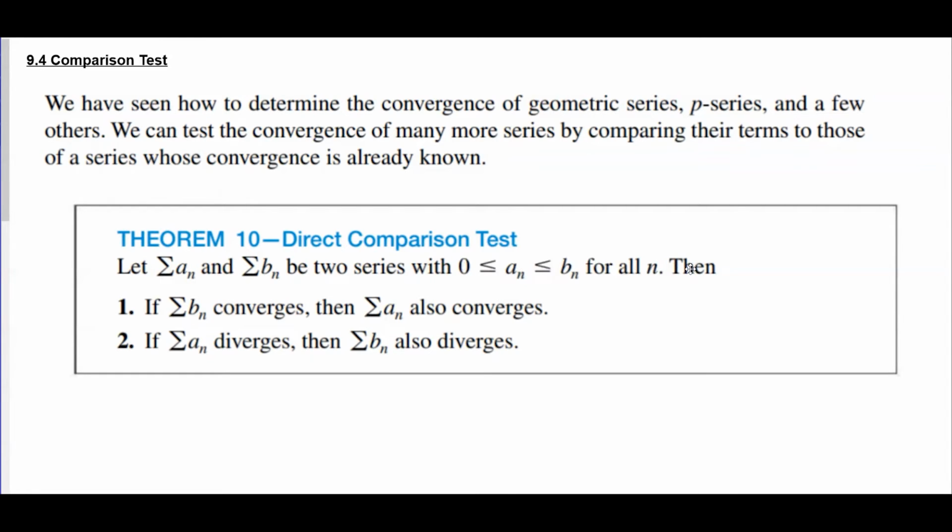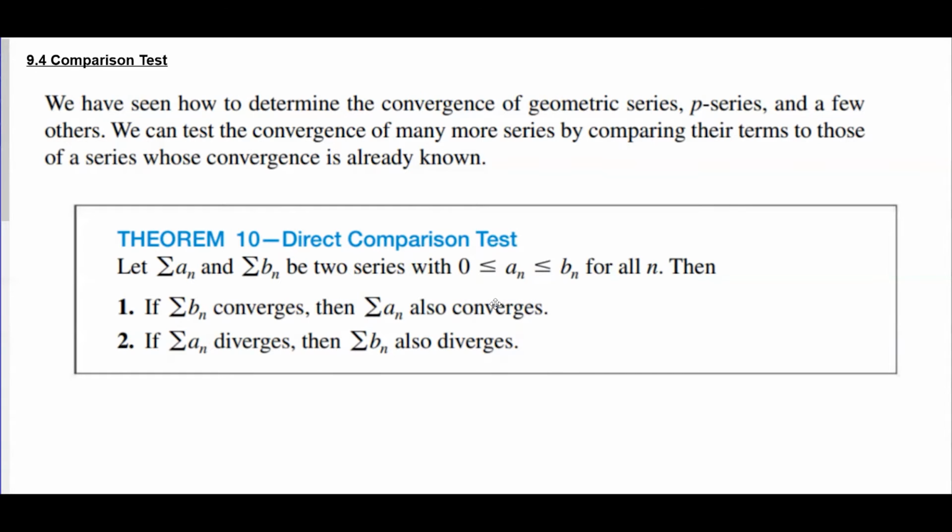So the obvious thing then is if b converges, then a has to converge. And this is not just b, it's the sum, it's the series. If the series b sub n converges, then the series a sub n also converges.